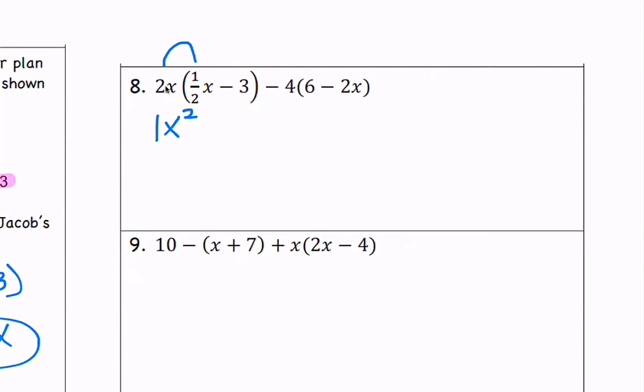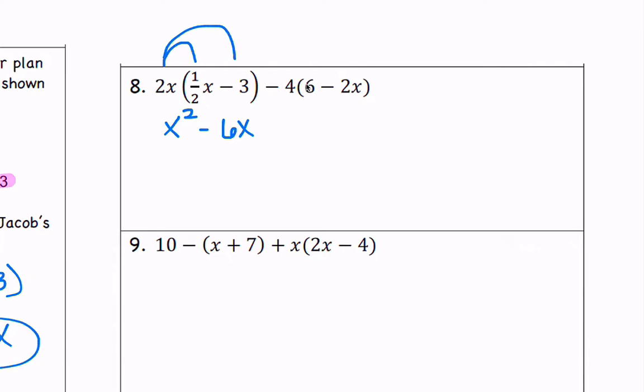So 2x times 1/2 x is 1x squared. Remember, 1x squared is exactly the same as just saying x squared. Now I'm going to take this 2x and multiply it by -3. 2x times -3 is a -6x, and there was only 1 x.